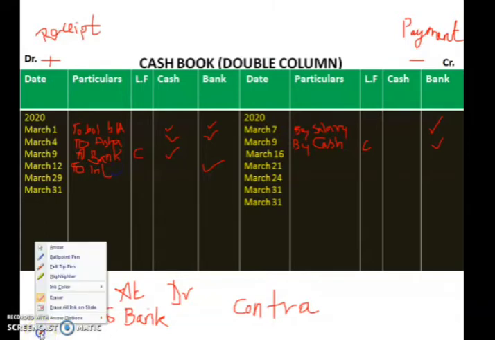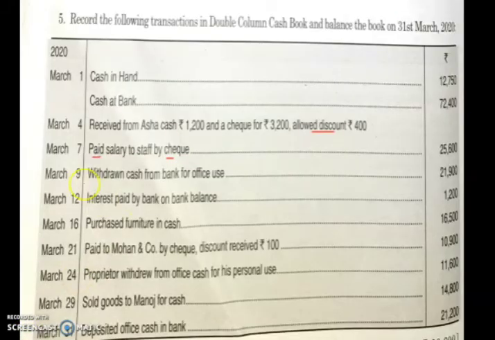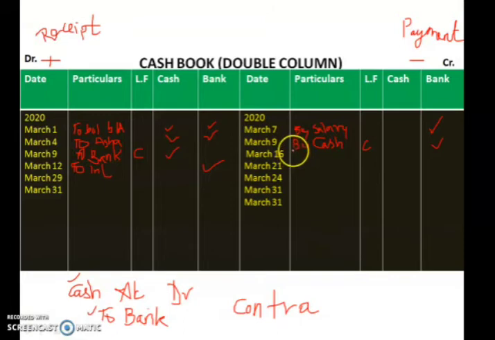Now next transaction is March 16th. Purchase furniture for 16,500. Purchase means what? When you purchase something, you have cash, you have to spend the cash. So there is payment of cash. So on March 16, what I will write here?